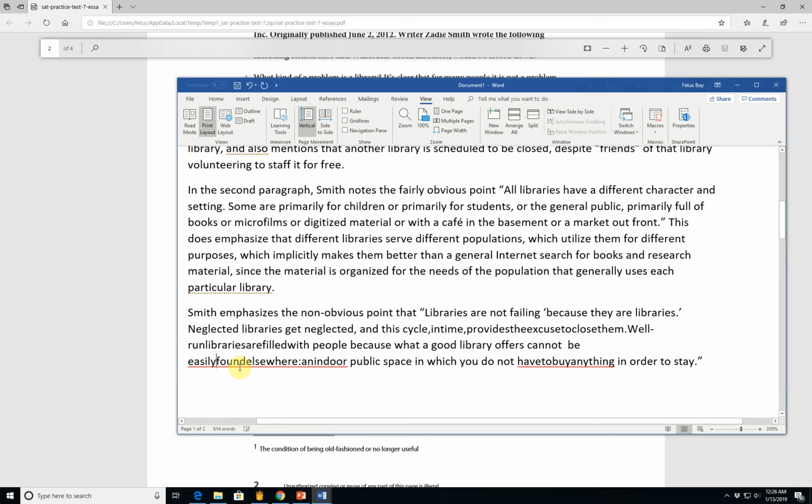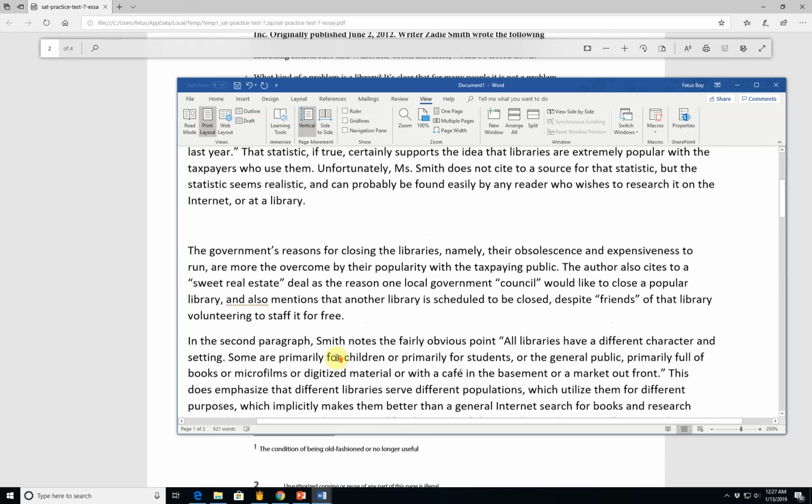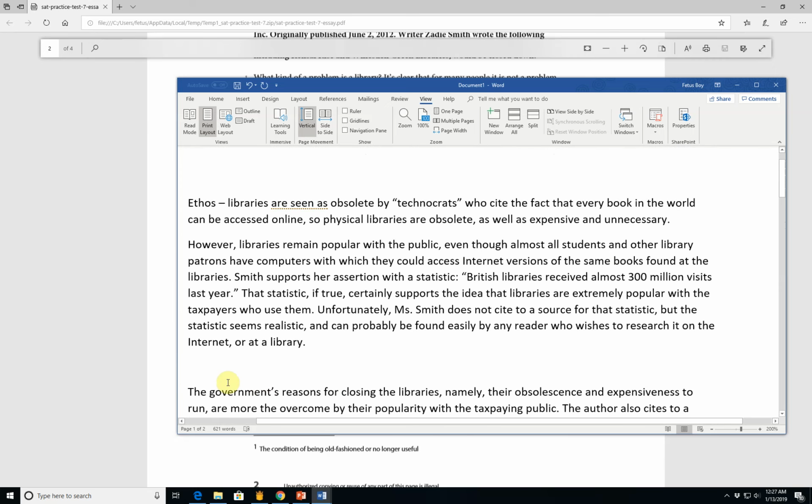Cannot be easily found elsewhere. Indoor public space in which you do not have to buy anything in order to stay, which we already discussed before. All right, so this is the ethos.